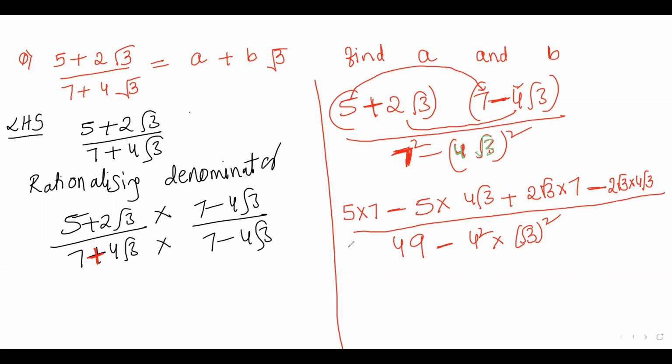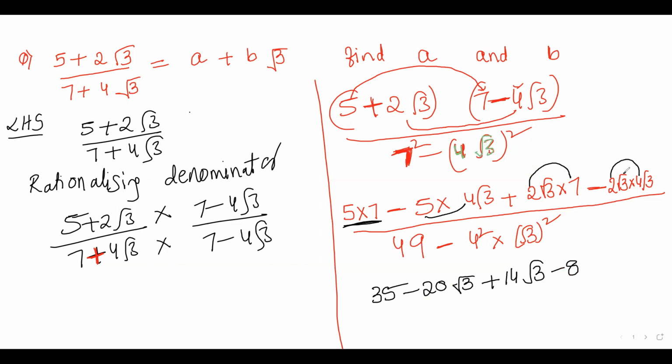Now let us simplify this. 5 sevens are 35. 5 fours are 20 root 3. 2 sevens are 14 root 3. 2 fours are 8.